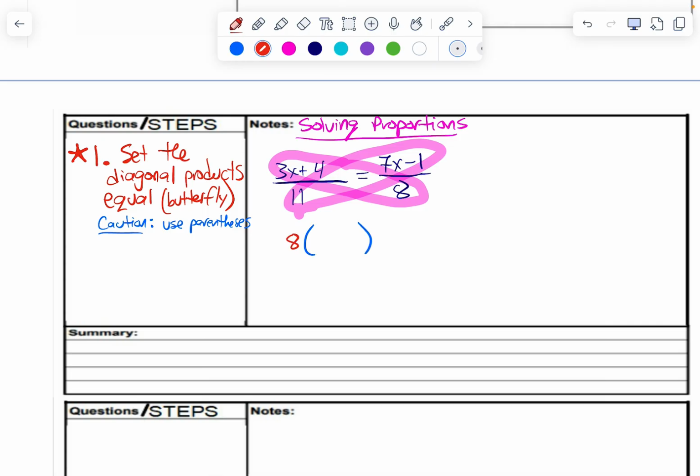So 8 times (3x plus 4), and then equals 11 times (7x minus 1). And as soon as we've done that, now we're just back to solving an equation like we've done 1,000 times at this point. So step 2 is just solve as usual.